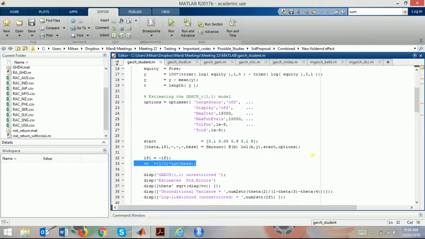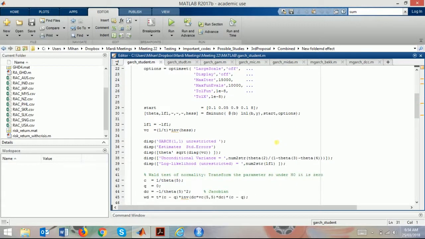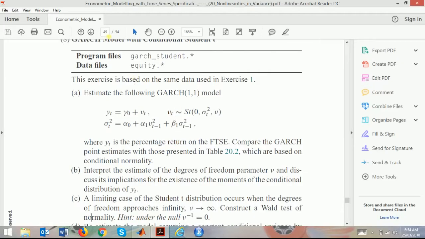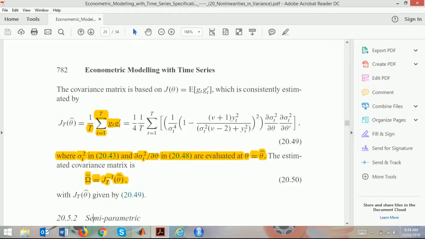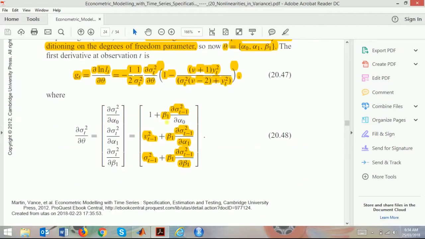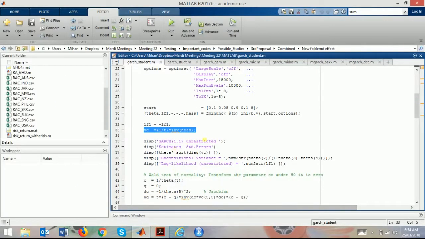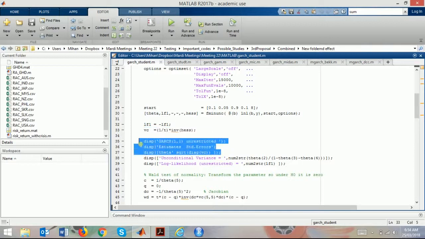So when we run this function, we don't have to go for all those difficult questions because Hessian is estimated and variance and everything is estimated. So inverse of Hessian, which is mentioned in our problem, basically on page 24, gives us the variance covariance matrix. There you go, standard errors.